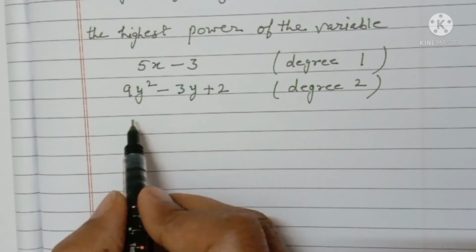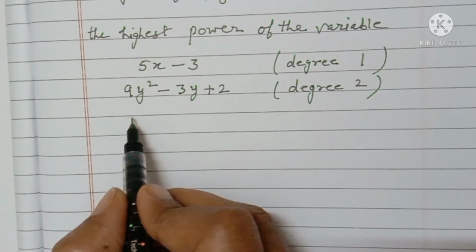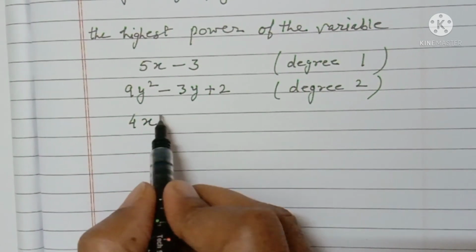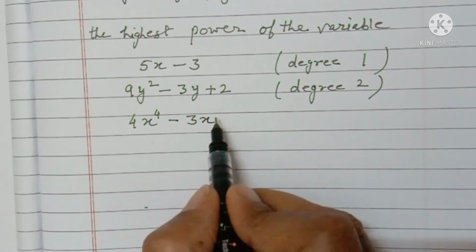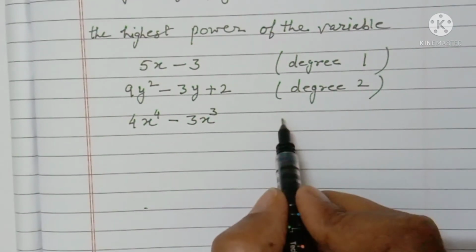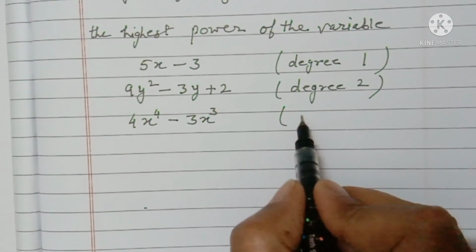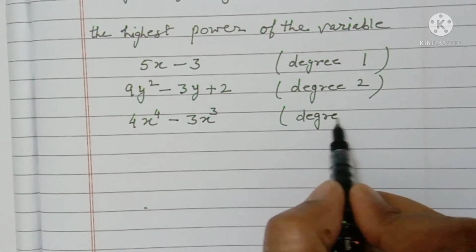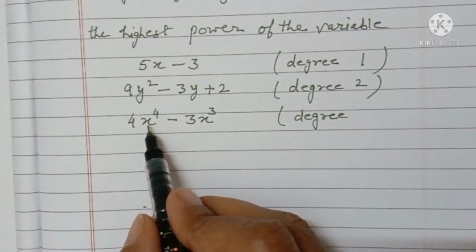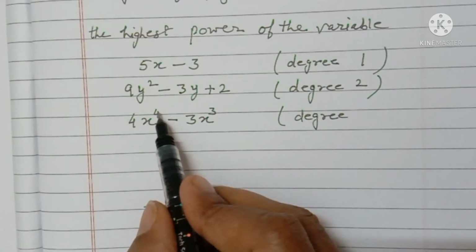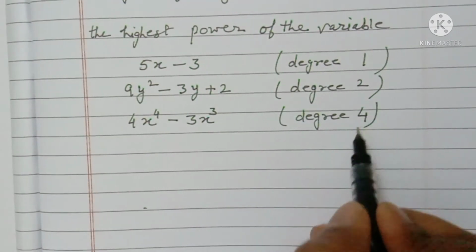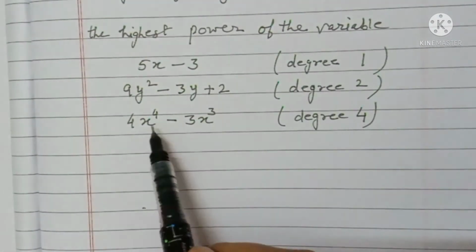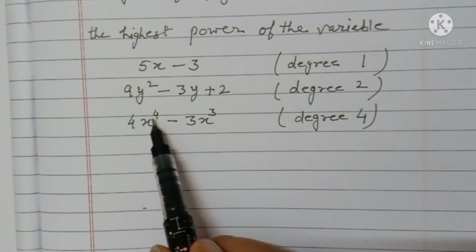Another example, suppose 4x to the power of 4 minus 3x cube. The highest power of the variable here is 4, so the degree in this expression is 4.